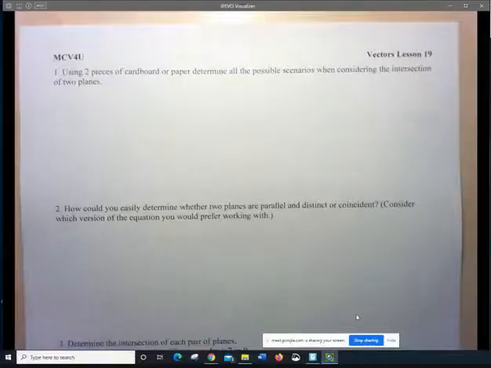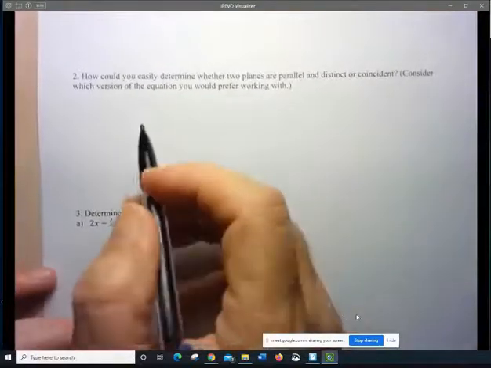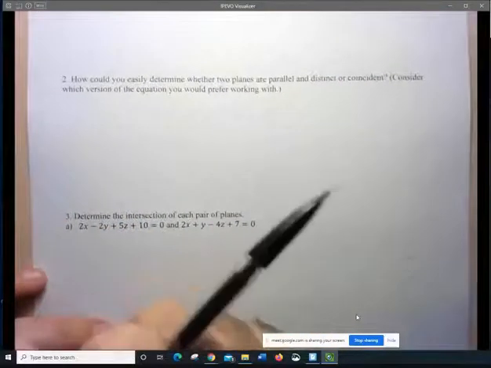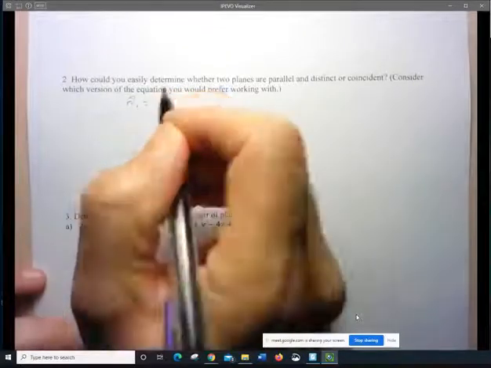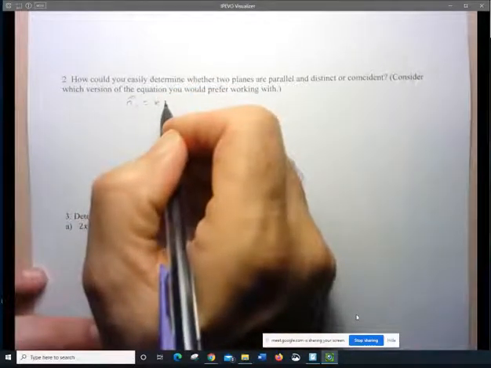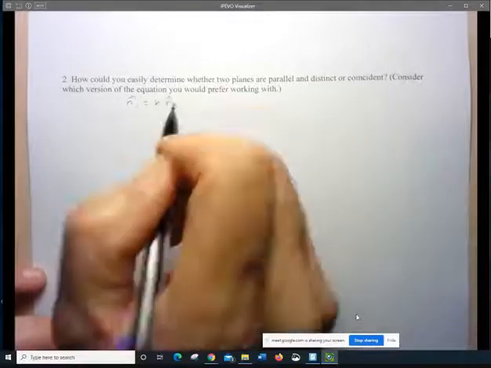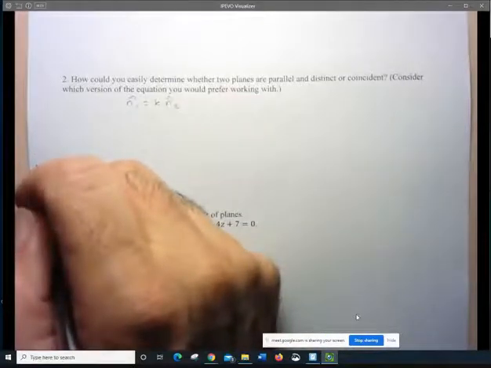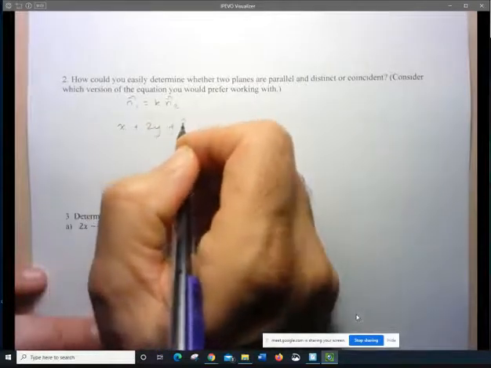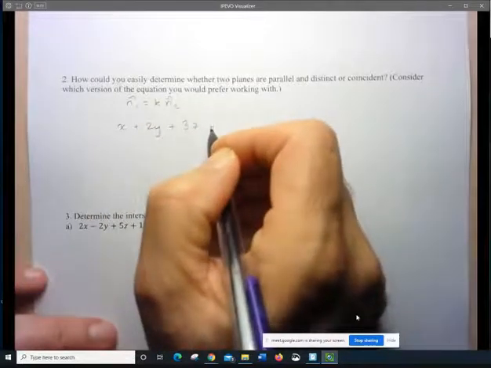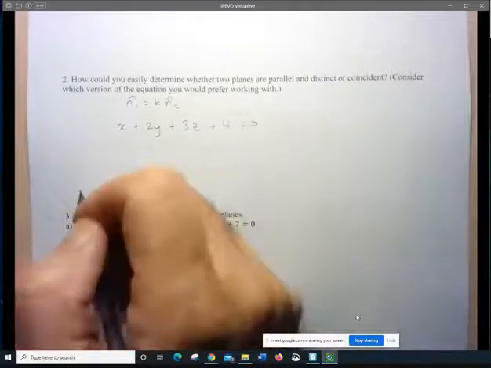If you have two planes that are parallel, their normal vectors will be either equal, or at the very least, scalar multiples of each other. Okay, so let's take a look at an example. Let's say I have x plus 2y plus 3z plus 4 equals 0.